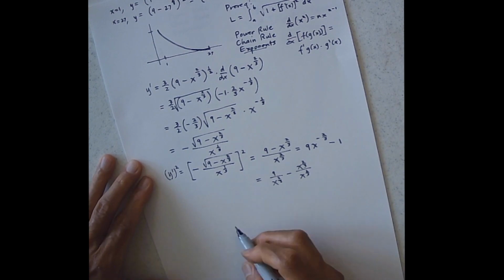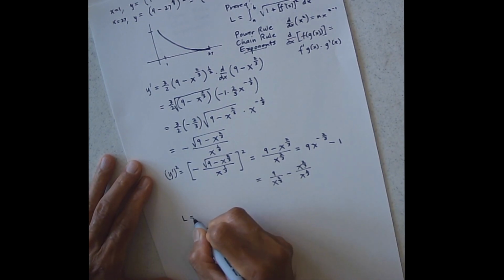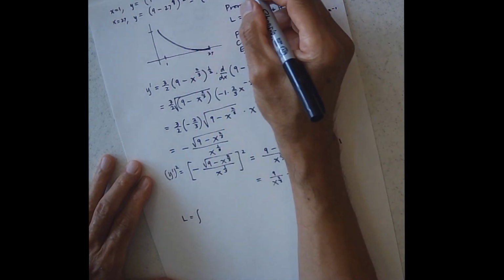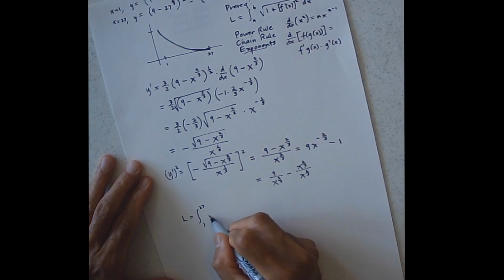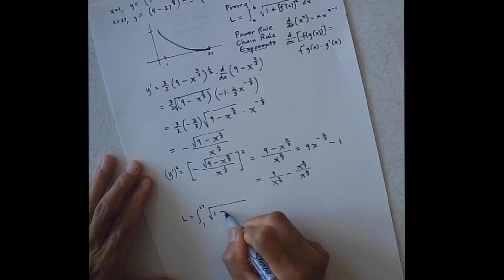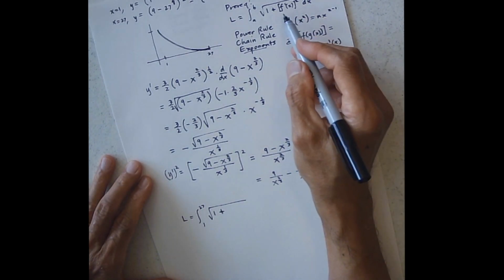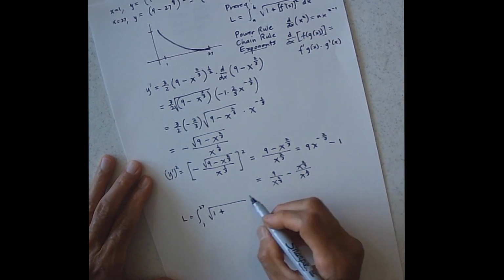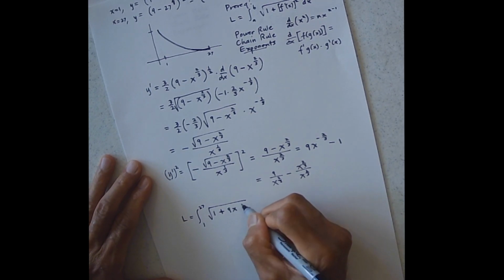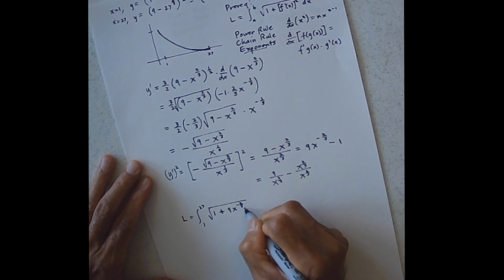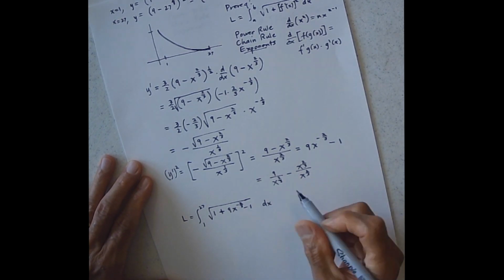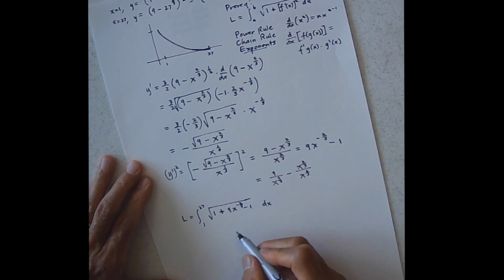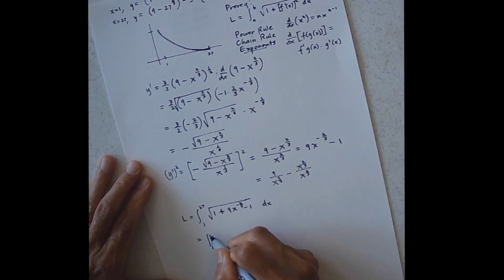So now we can rewrite our formula. So the arc length is from 1 to 27 of the square root of 1 plus the derivative squared, which is 9x to the negative 2/3 minus 1, dx. What do you notice about the 1 and the negative 1? They will cancel.